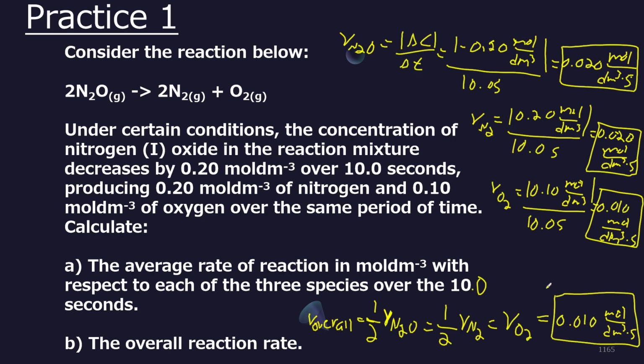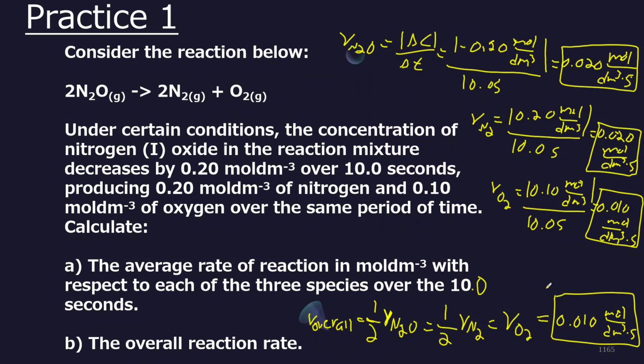Okay, so if you ever find the individual rate of something in the balanced chemical equation that has a stoichiometric coefficient of 1, that is equal to the overall reaction rate. But if it has any other stoichiometric coefficient, you need to consider that.